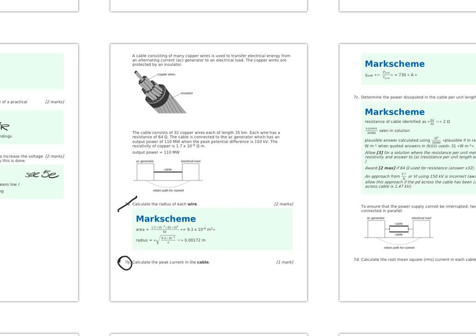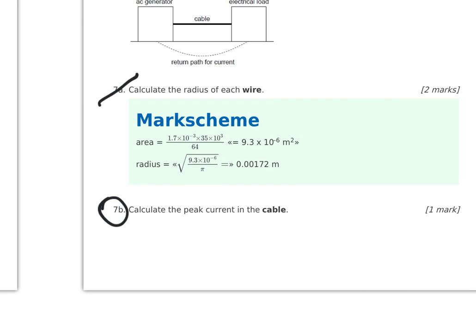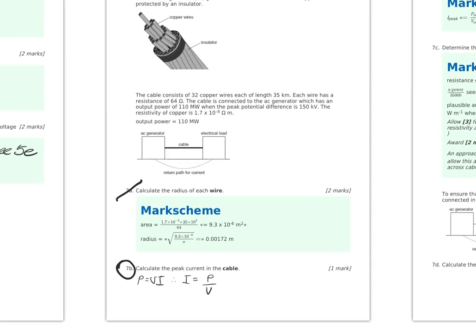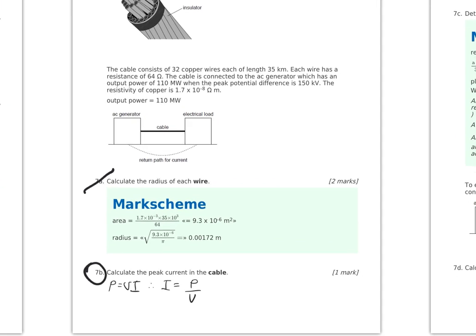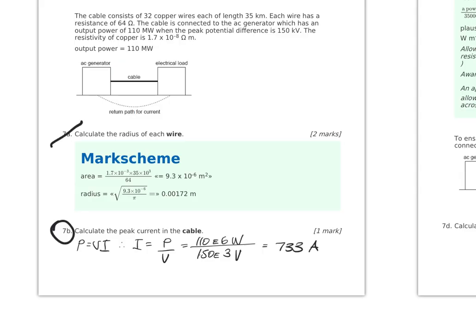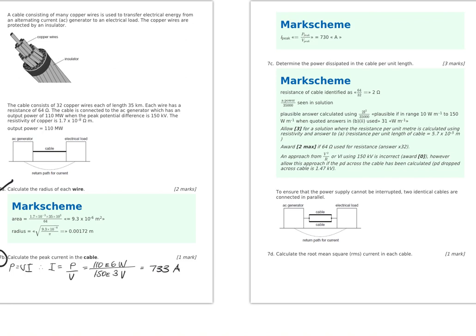So peak current in the cable, if P is VI, then the current is P over V, and these are peak values because it says so in the problem. Output power of 110 million watts is when the peak potential difference is 150,000 volts. And so we get a peak current of 733 amps for 7B.